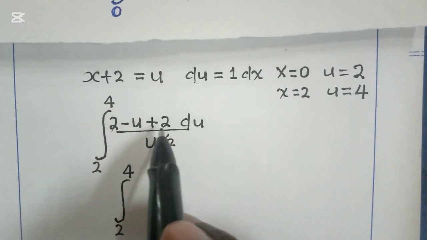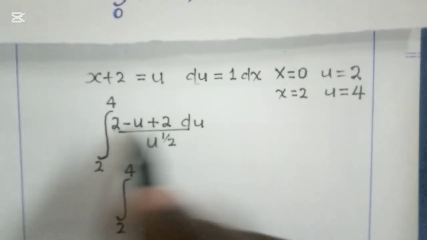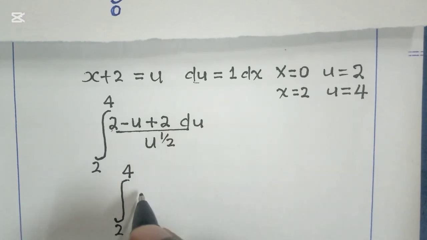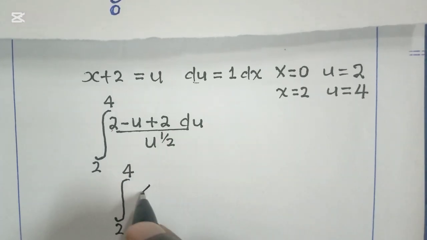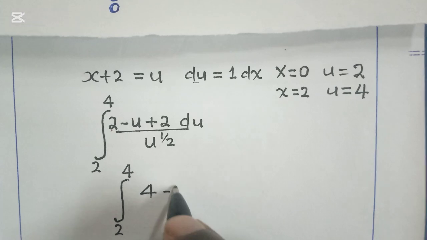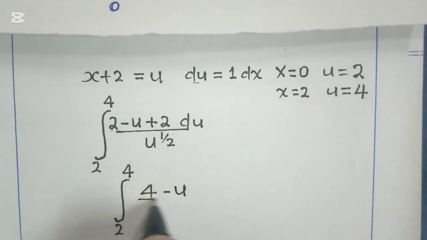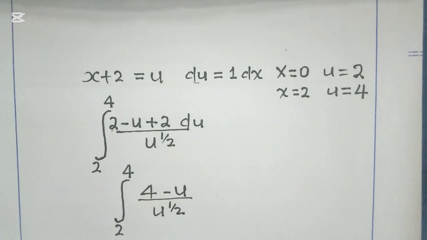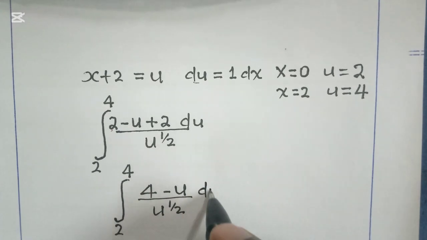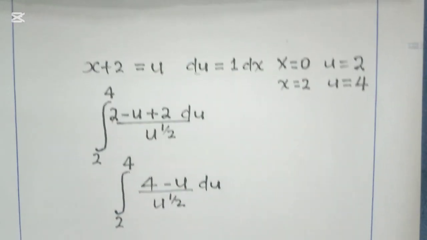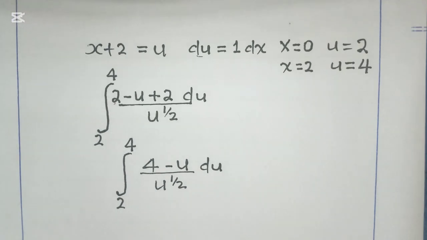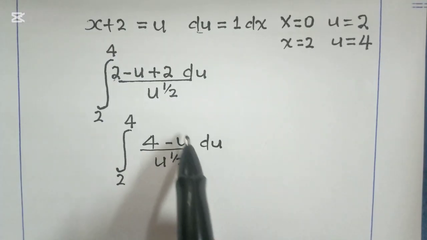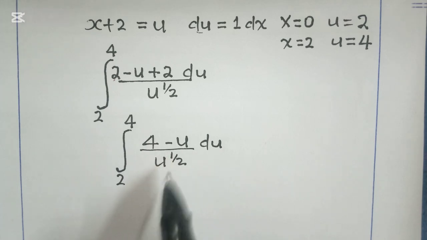We can add these ones. If you add them, you are going to have 4 minus u, all over u raised to a half, du. So this is what we are now going to solve. This is now easy to solve because we are going to separate it into partial fractions.